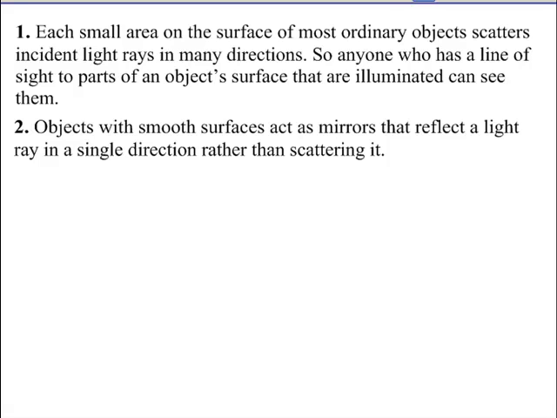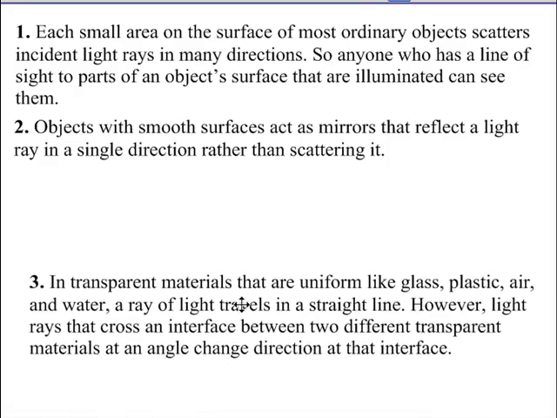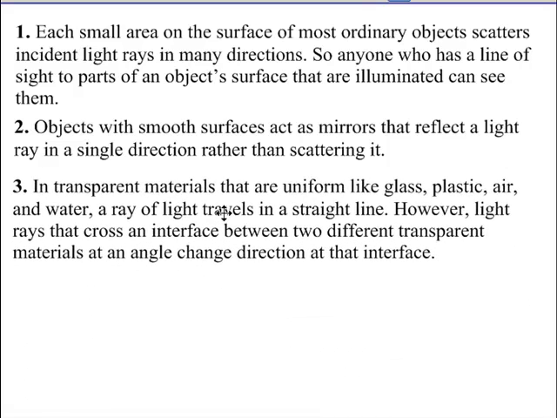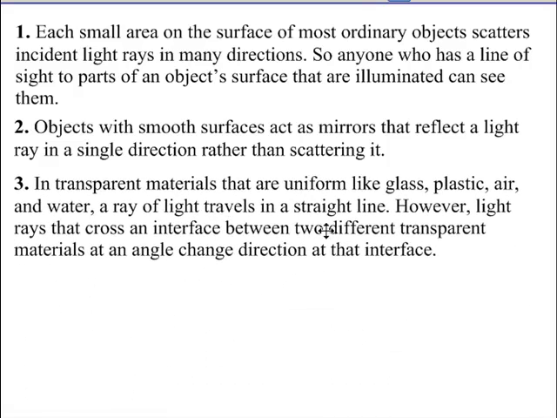Next, what happens for a transparent medium? Well, a transparent medium that's uniform, like glass, plastic, air, water, light will travel in a straight line inside those, just like it travels in a straight line in a vacuum. But when we cross from one medium to another, then we can get a change in the angle.